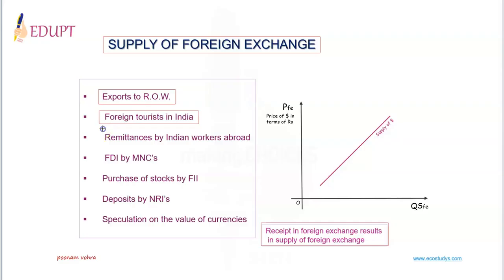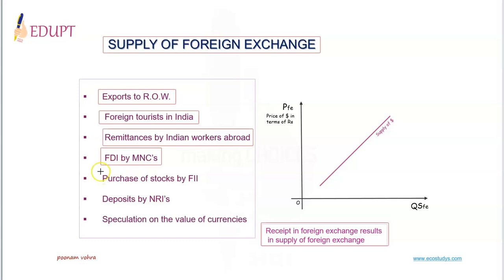When there are remittances by the Indian workers abroad as they earn in foreign currency and send their income to their families in India. When there is foreign direct investment by multinational corporations as foreign exchange flows in the country.